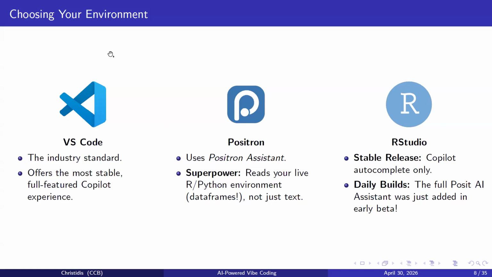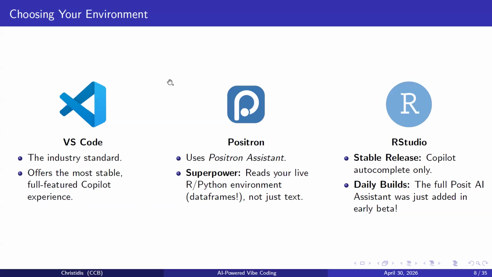I used to dabble in VS Code when I had to write a C++ backend to accelerate computation in some way. But now, thankfully, there's a really nice IDE, for those who don't know, called Positron. I'm imagining that most people here are aware of it, which is basically a fork of VS Code, but incorporates a lot of the nice features of RStudio. It basically has the best of both worlds.